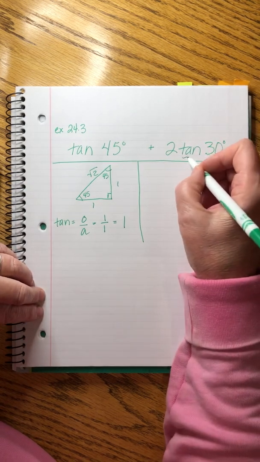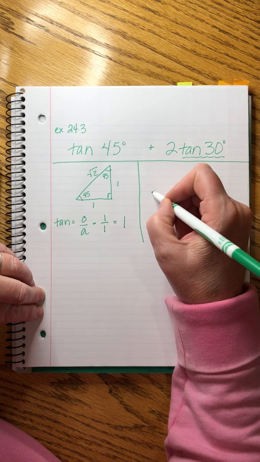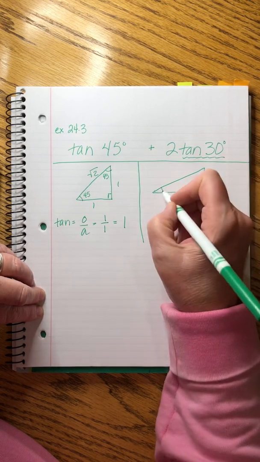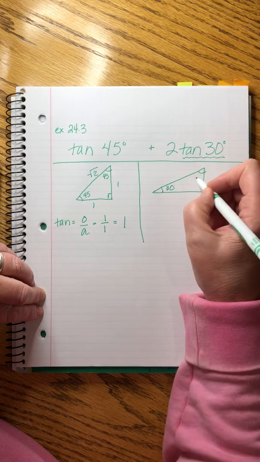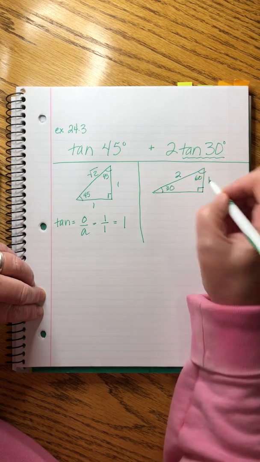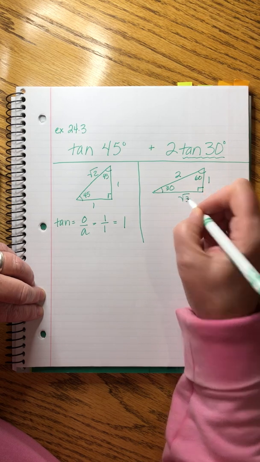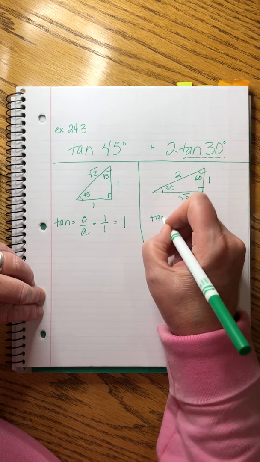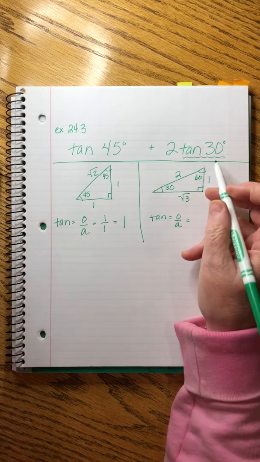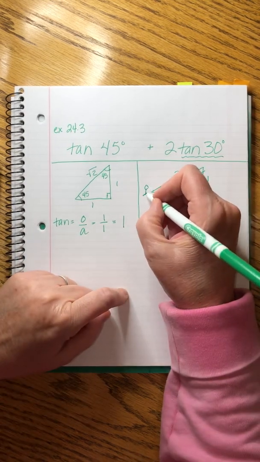Now, for this, first we're just going to focus on the tangent of 30 degrees. All right, we can do that. This is our 30, this is our 60, 2, 1, square root of 3. Tangent is opposite over adjacent, and we're at 30 degrees, so that means we're here.